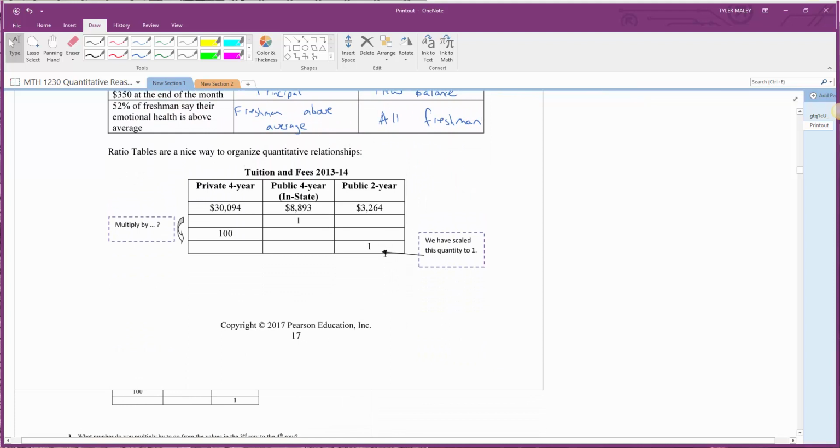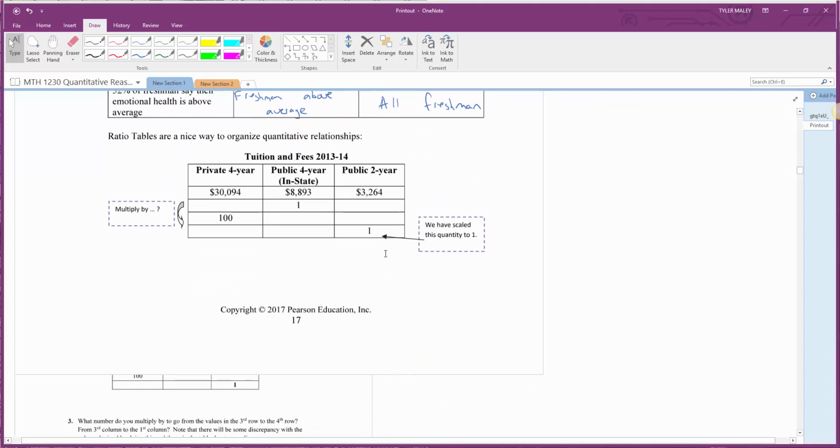Alright, so when we talk about ratios, one thing that can be helpful to organize these quantitative relationships is to make ratio tables, right? So here's an example of a ratio table. Some things to point out: when we go from one row to the next, one thing we can think about is what do we multiply by to go from one row to the next, or maybe one column to the next.